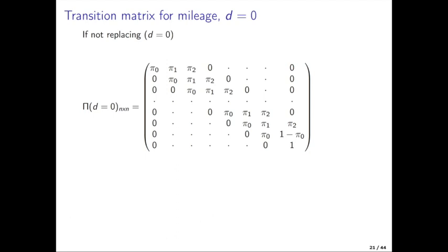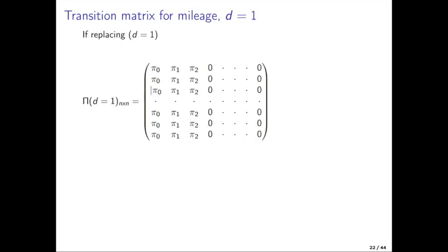Now let's look at how the mileage can actually move backwards. Well, that's if you replace. If you replace the engine, then the mileage of the bus engine is regenerated to 0, and this is why you have all the mass in the first columns.